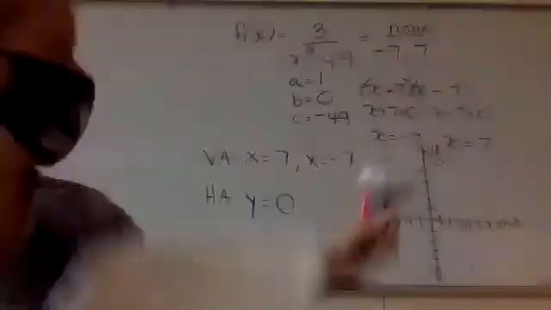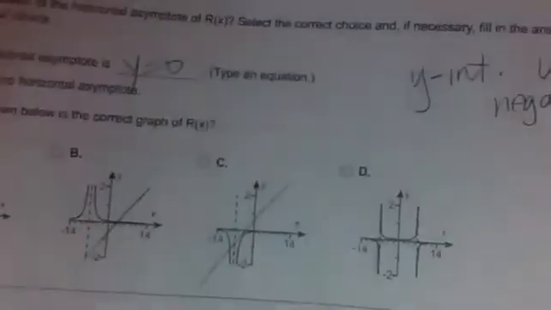B and C each only have that one vertical asymptote, but A and D both have vertical asymptotes like we do at +7 and -7. It's hard to see it, but they also both have horizontal asymptotes at y = 0.